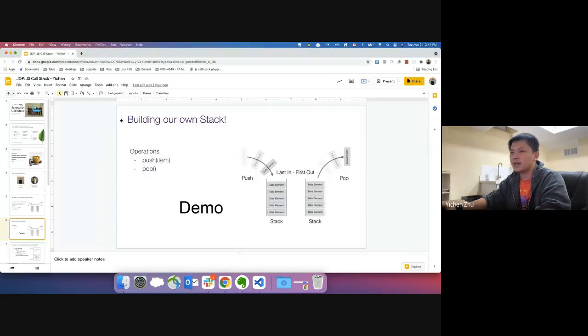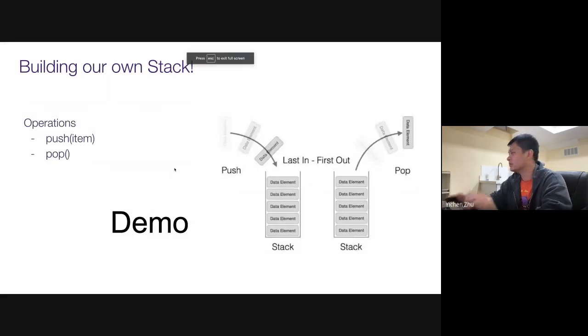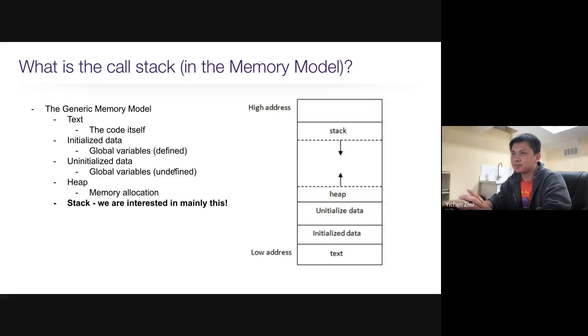So now we know what a stack is, and we have our own little implementation of the stack. How does this relate? As JavaScript developers, we don't really think too much about what a C or lower level developer thinks about.